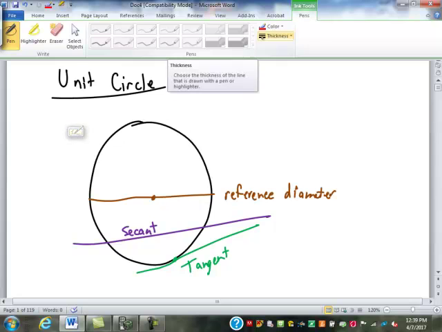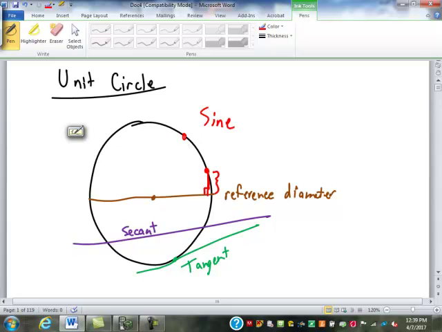And then there is something called a sine. A sine is a quality of each point on the circle. And it's related to that reference diameter. So let's say I pick that point. The sine of that point is the distance to that reference diameter. That is the sine of that point.